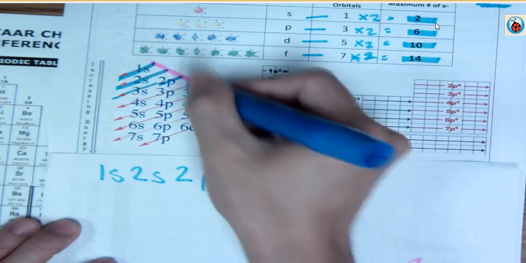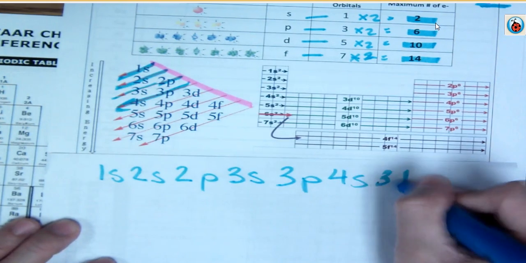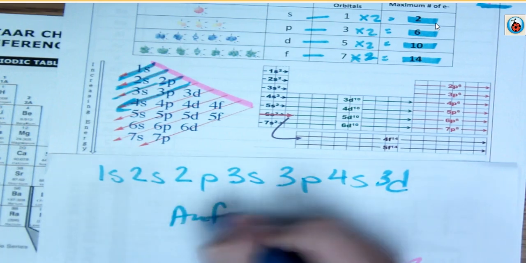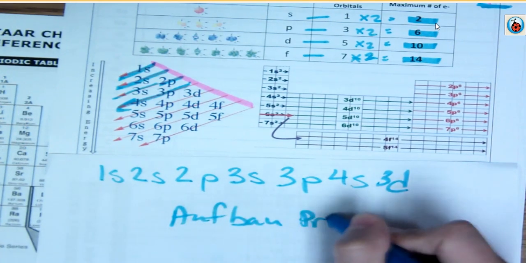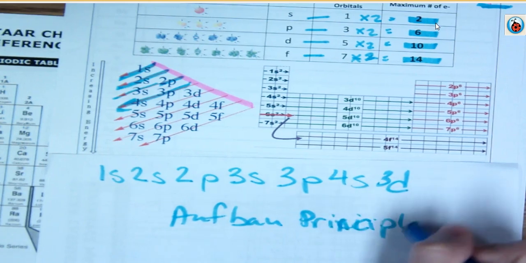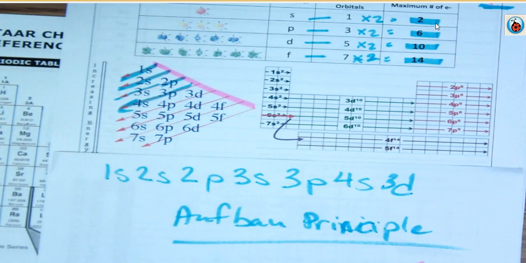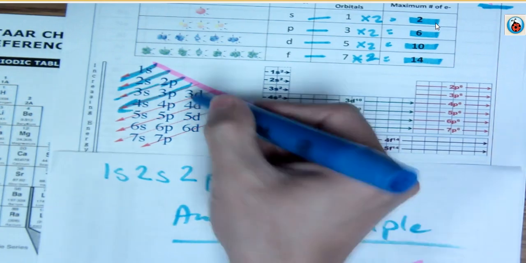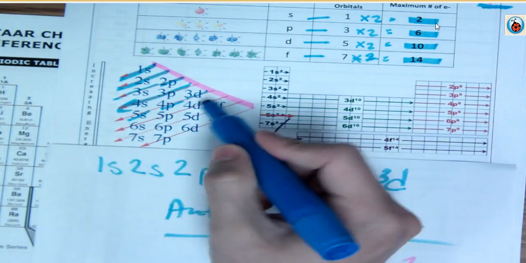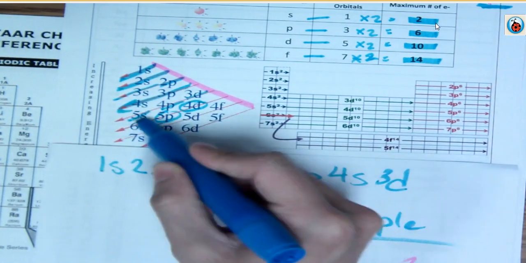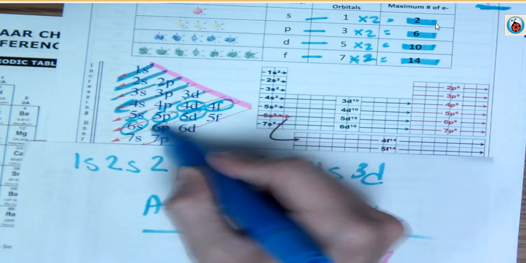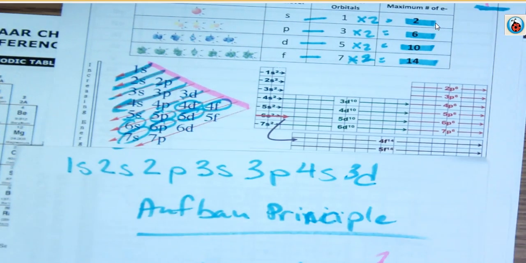After 4s is 3d. So we're just getting this in order. This is following the Aufbau principle. What's after 3d? 3d, 4p, 5s. 4d, 5p, 6s. Always go back to the line. 4f, 5d, 6p, 7s. So you just go through that.